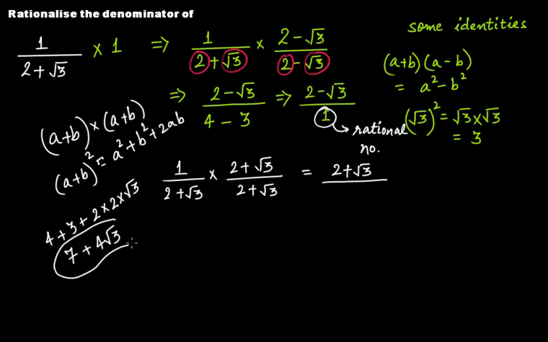So it is of no use, because now in that case your denominator would become 7 plus 4 root 3. If you had taken this, 2 plus root 3 divided by 7 plus 4 root 3, again this is an irrational number, of no use.